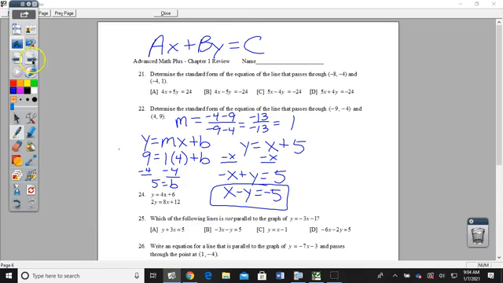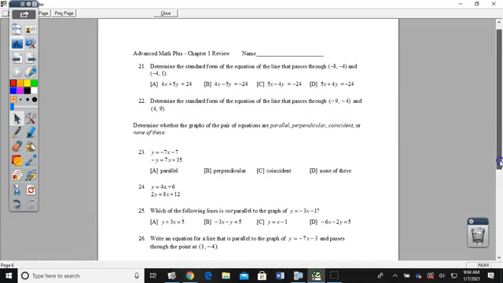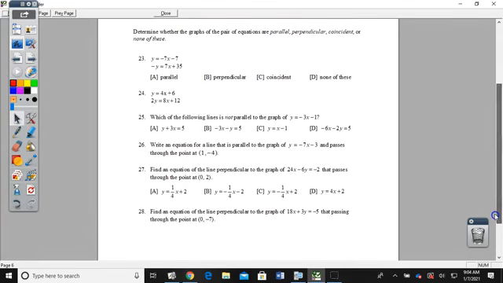All right. 23. This is another thing we didn't go over in our book work because you should remember. If something is parallel, what are their slopes? The same, but they have different y-intercepts. Perpendicular, the slopes are opposite reciprocals.